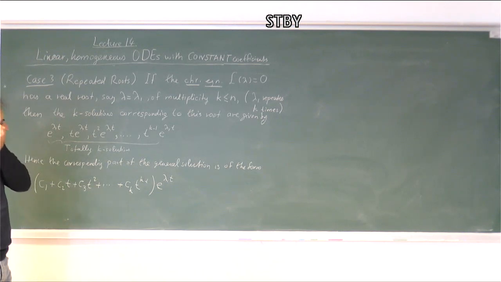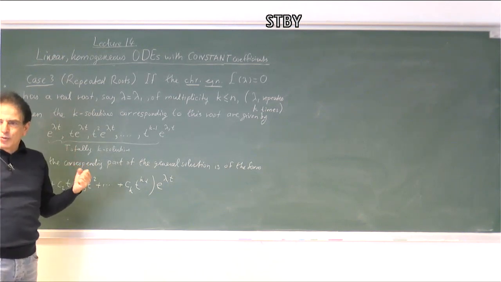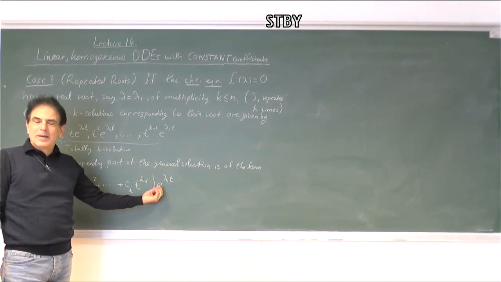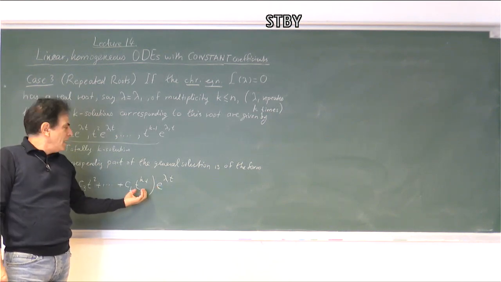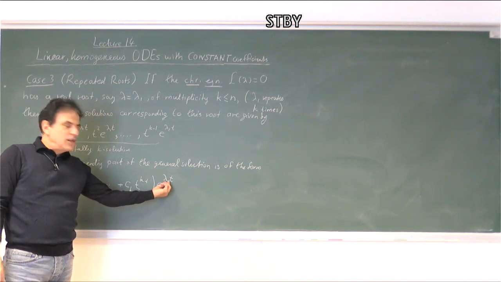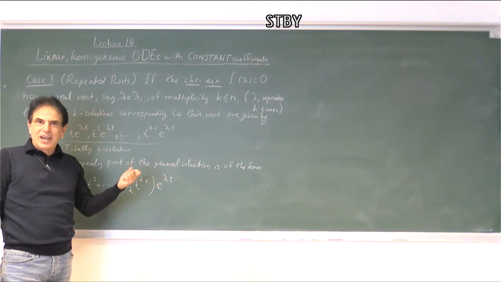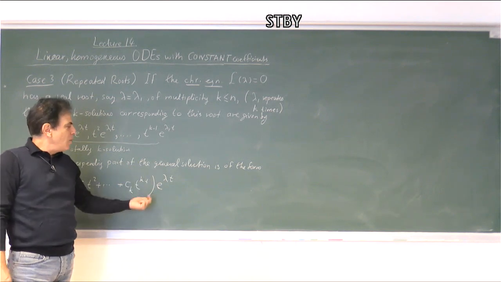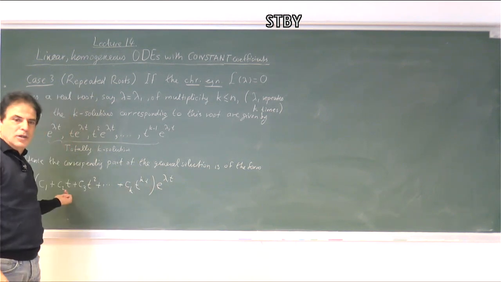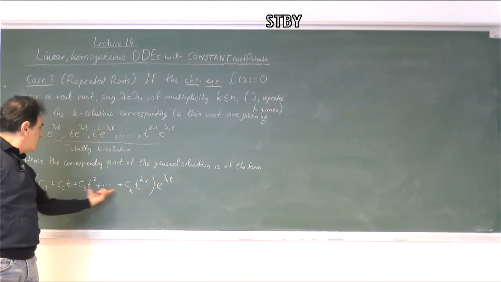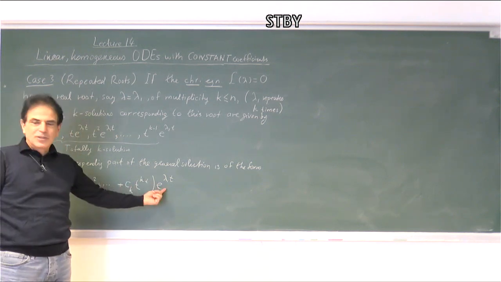Please be careful. In the case of a complex root, we obtain a solution which is an exponentially weighted circular function. Now we have a solution which is a polynomial weighted exponential function.